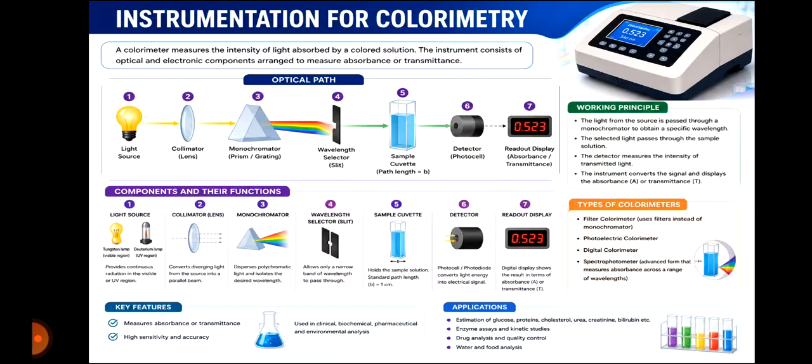The detector, which is a photocell or photoelectric cell, converts the light energy into an electrical signal. And the readout or display device shows the reading in terms of absorbance or transmittance. We have various types of colorimeters, such as the photoelectric colorimeter, digital colorimeter, spectrophotometer, etc.